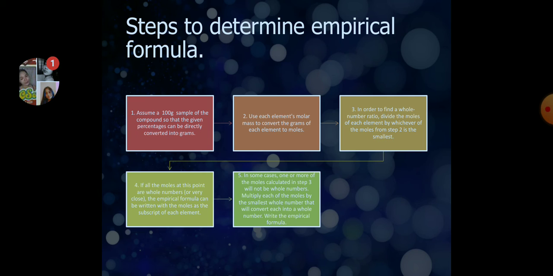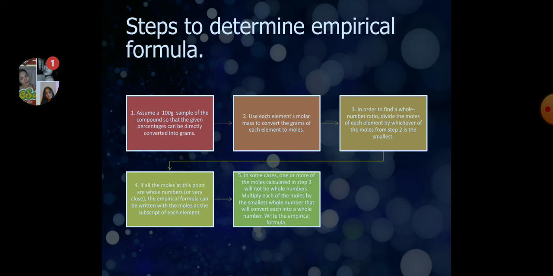Okay? So, number 3, in order to find a whole number ratio, divide the moles of each element by whichever of the moles from step 2 is the smallest. So, kung ano yung makukuha nating smallest value sa step number 2, yun yung gagamitin nating divisor sa lahat. Okay? For step number 4, if all of the moles at this point are whole numbers, or very close, again, dito medyo nagra-round tayo.